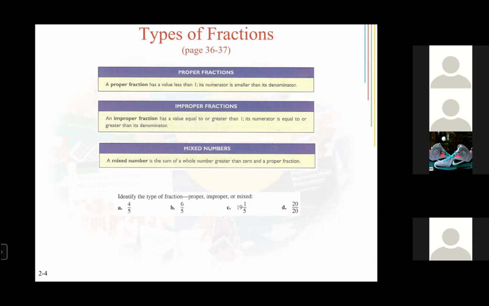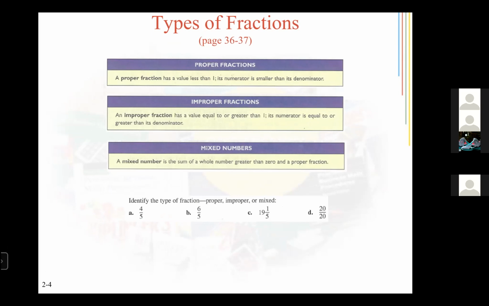Anything equal to 1 or greater would be improper. For a proper fraction, the top number has to be smaller. Once the top number is equal to the bottom or greater than the bottom, then it is improper.